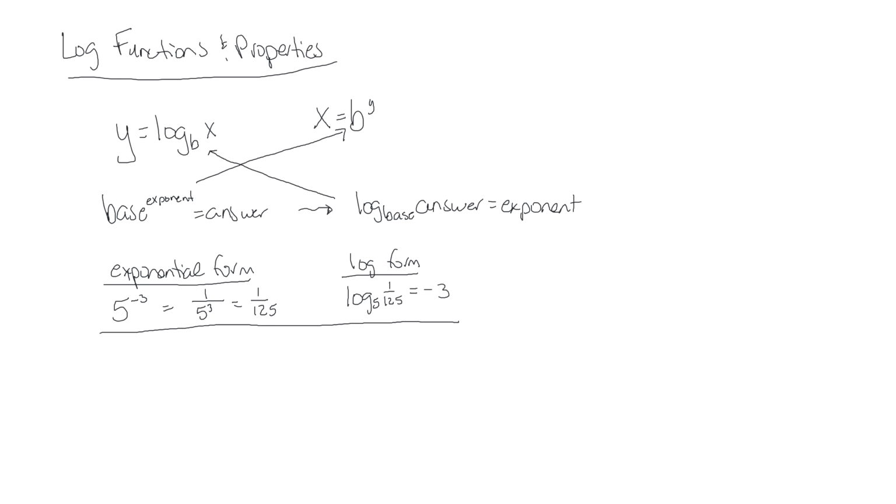Okay, 10 to the minus 4 is 1 over 10 to the 4th, which is, minus 4 decimal places, 1.